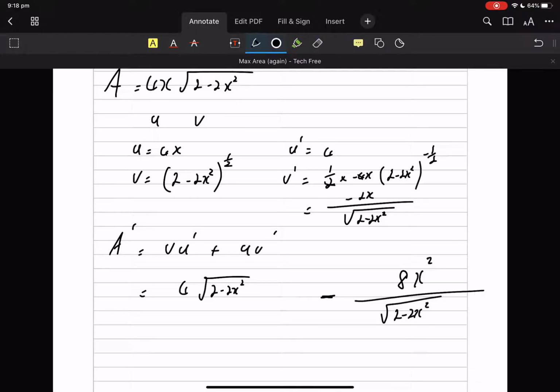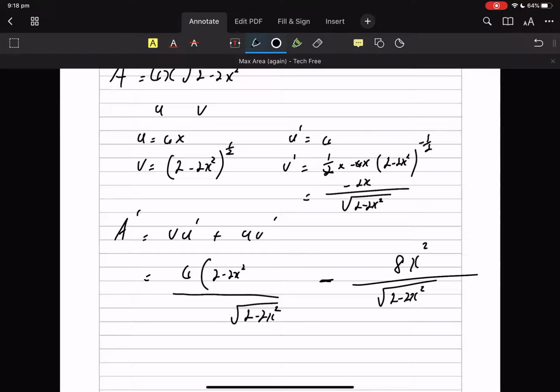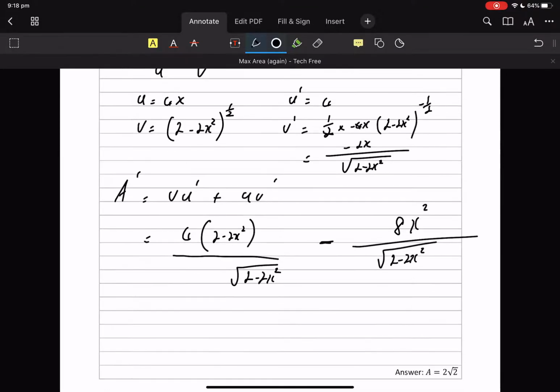Minus. Okay, we're adding fractions, so I want to multiply top and bottom by root 2 minus 2x squared. These square roots will just undo themselves. So really all I want to do is undo that square root. And we've got the bracket. We do have a common denominator.